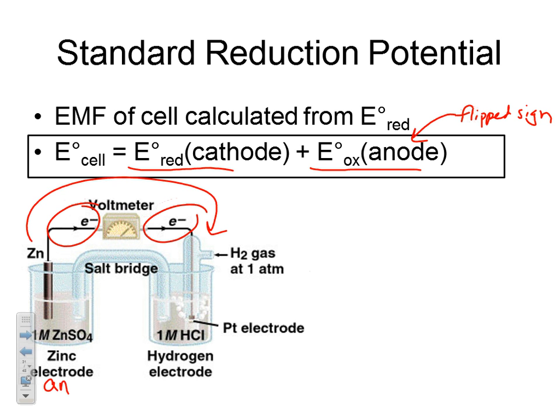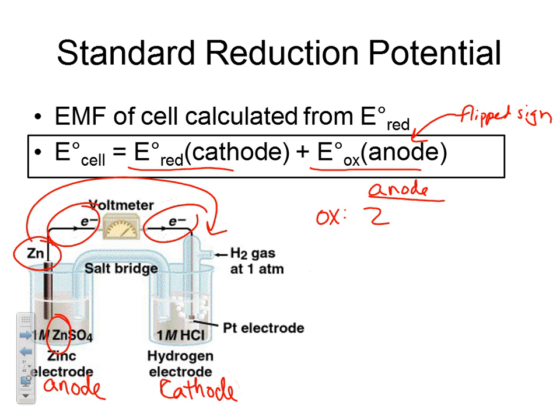So I know the zinc is the anode and this is the cathode, because electrons always flow from anode to cathode. At the anode, based on what I have in the cell, I've got zinc and some aqueous zinc, and it is going to be oxidation, because based on the direction of electron flow, the zinc must be being oxidized.